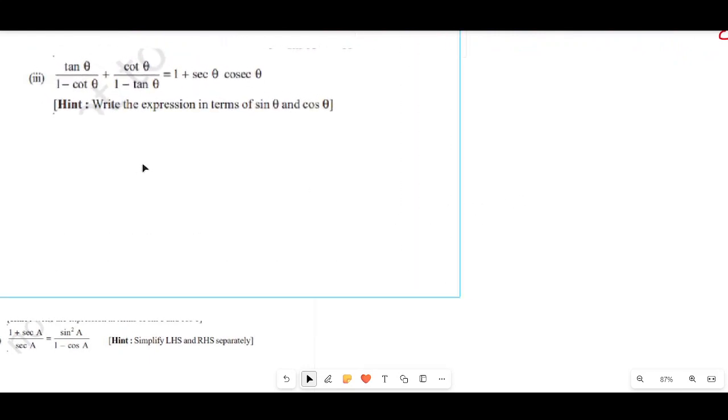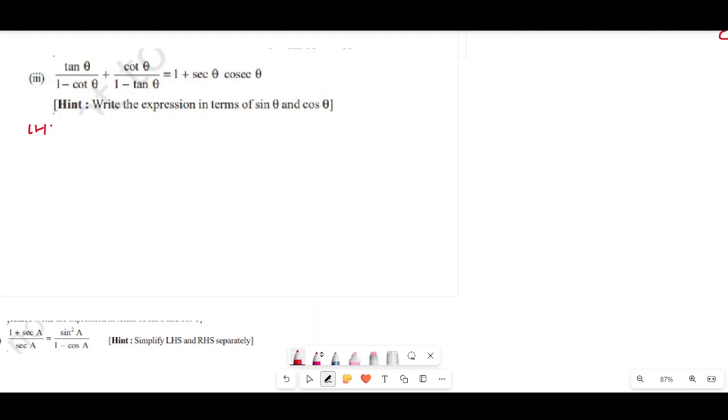Now the third part is given: (tan theta / (1 - cot theta)) + (cot theta / (1 - tan theta)) = 1 + sec theta cosec theta. First we should simplify this in the form of sine and cos, because the hint is given that. Clear? So don't worry, take the left hand side.